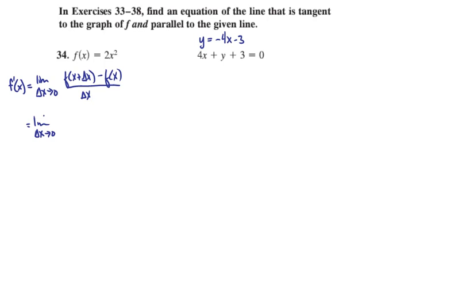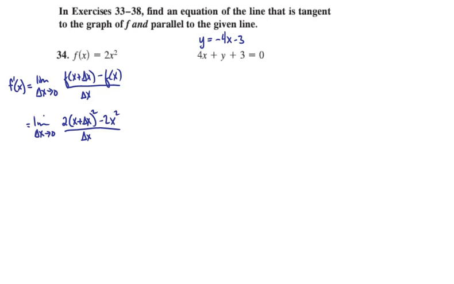Plugging in, we get the limit as delta x approaches 0 of 2 times x plus delta x. Wherever we saw x in the original function, we simply replaced it with x plus delta x. Then minus f of x, which is 2x squared, and all over delta x.